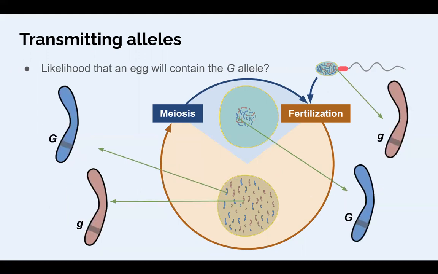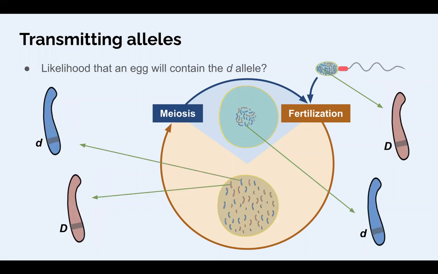Okay, so you look at another chromosome with another gene. This is one that's also got two versions, big D and little d. And let's say in this case that the little d ends up in the egg cell as a result of meiosis. And that would be 1 out of 2 again.